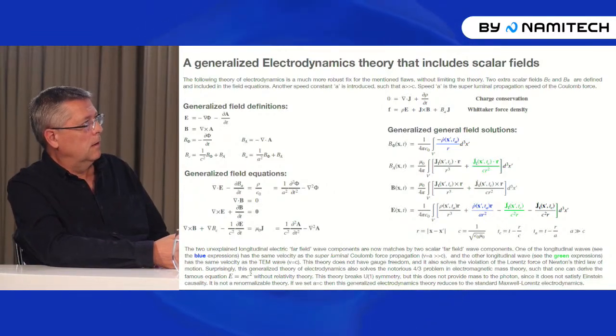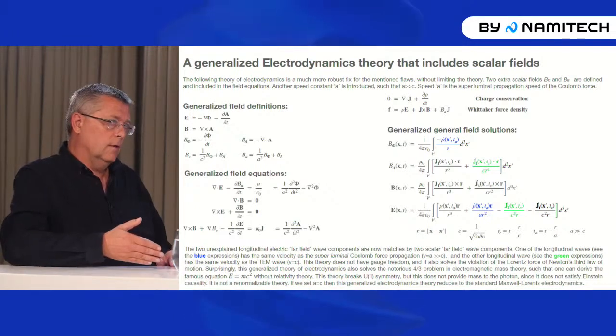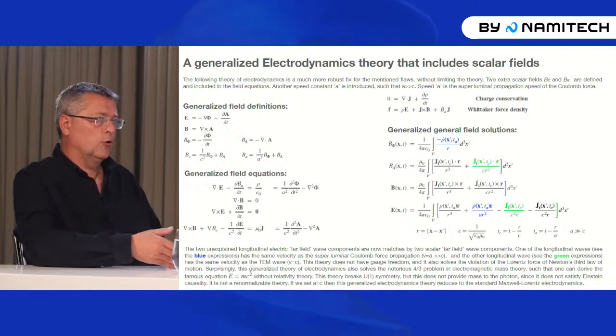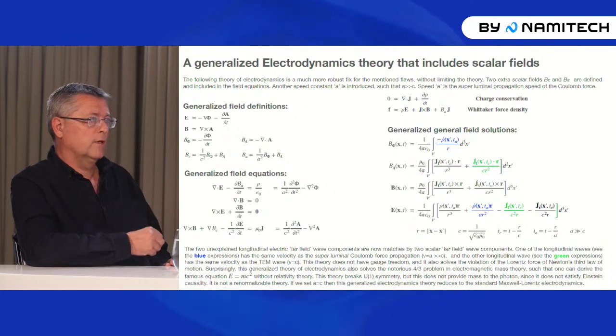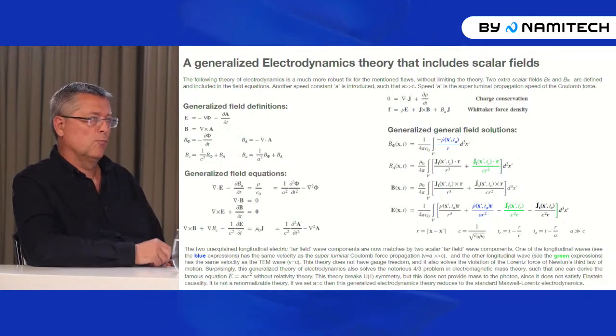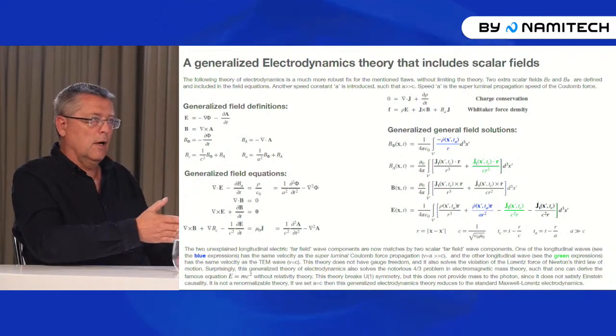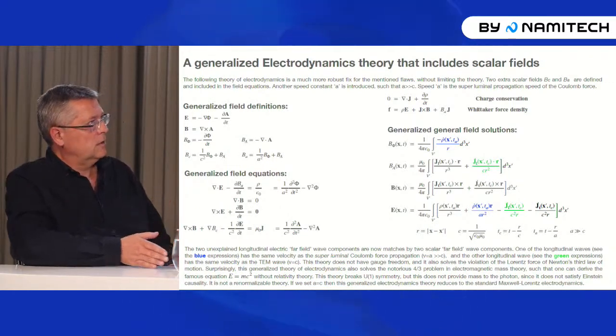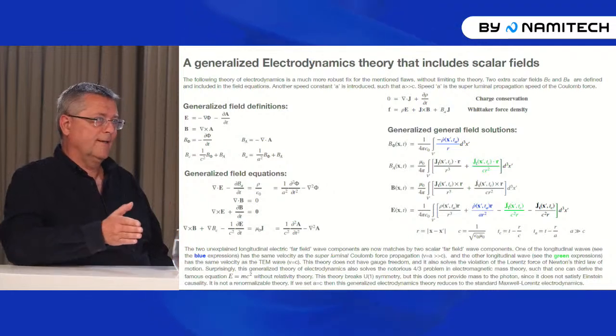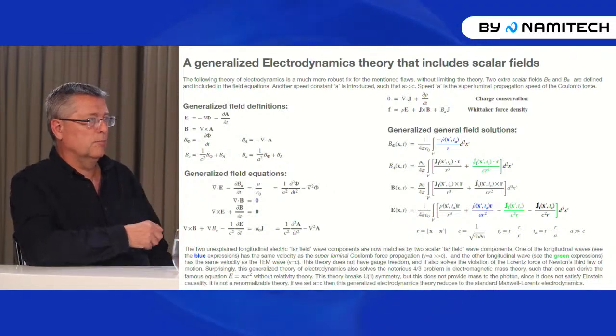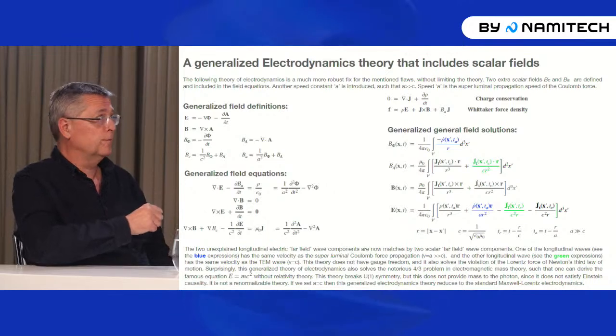And this restores some of Newton's third law, but only the linear momentum and not the angular momentum. So it's still not perfect, and we still have to reconsider Ampere's law, but it's a step in the right direction, I would say, because it restores linear momentum.